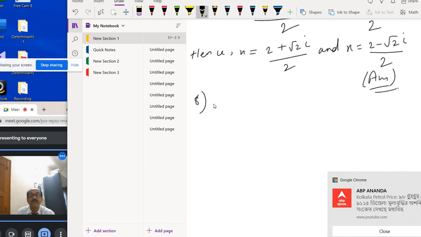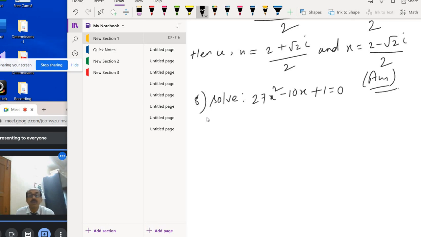Solve 27x square minus 10x plus 1 equal to 0.